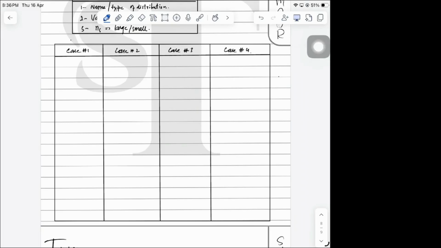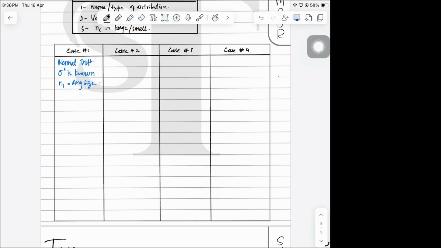So we will start from this. For example, our distribution is a normal distribution, and the variance sigma square is known, and the sample size is any size. It means it can be large, it can be small, anything.